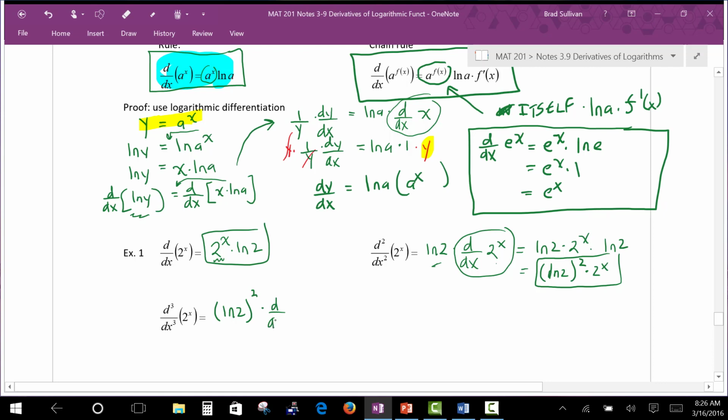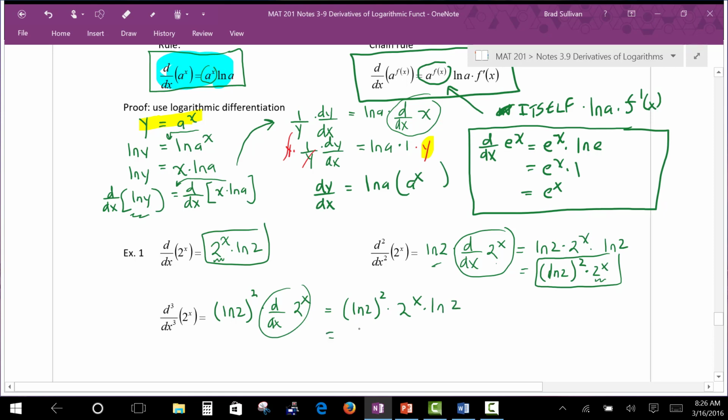Then you just do the derivative of 2 to the x again. Don't use a product rule. It's not necessary. So you have ln of 2 to the second, that's the constant. And then again, what's the derivative of 2 to the x? Itself times derivative times ln of 2. So again, itself, 2 to the x, times ln of 2.